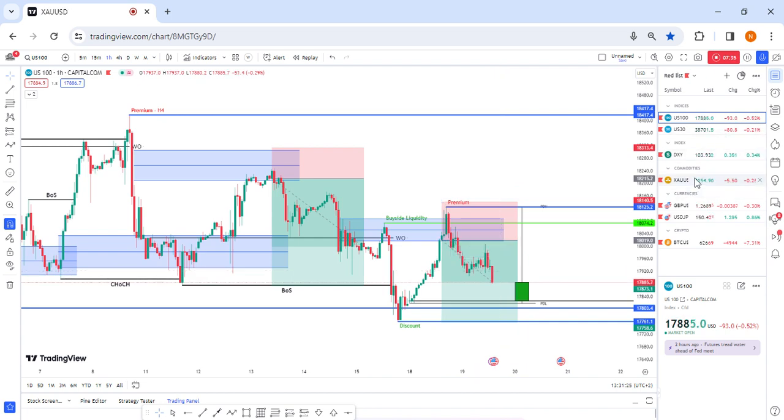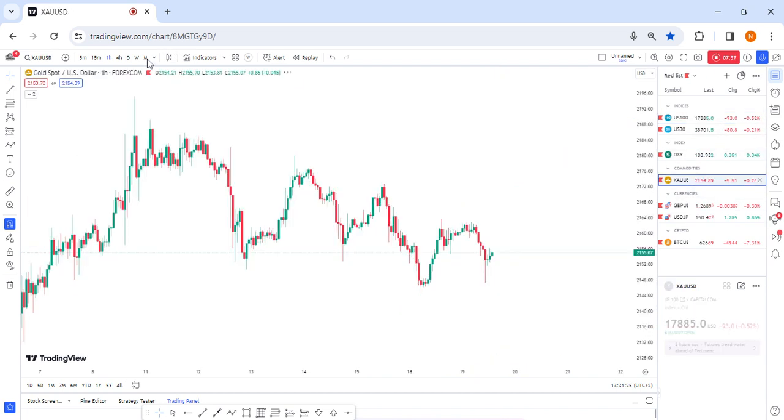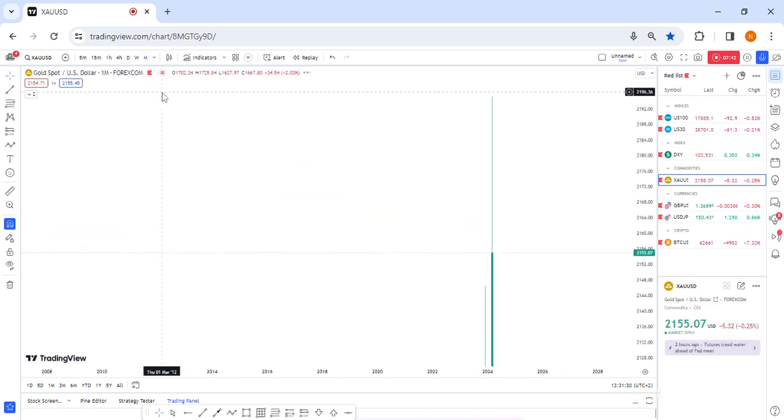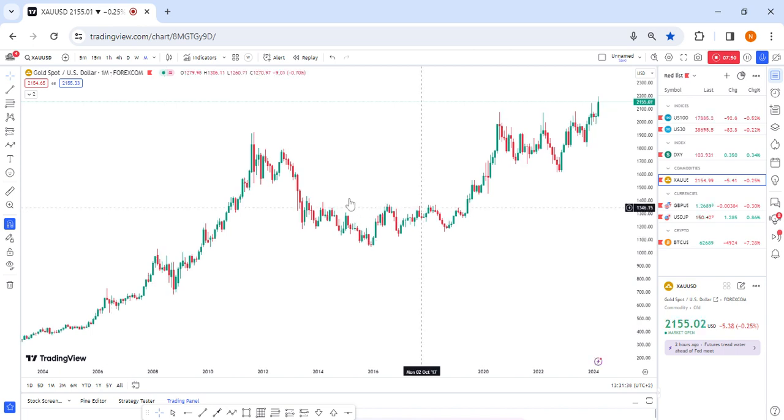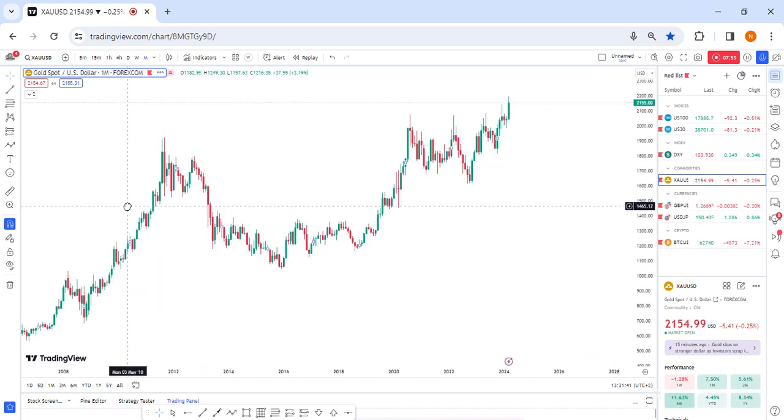So yeah, let's go to gold. Same thing, start on the higher time frame. Go to our monthly. Guys, gold has been doing crazy things.